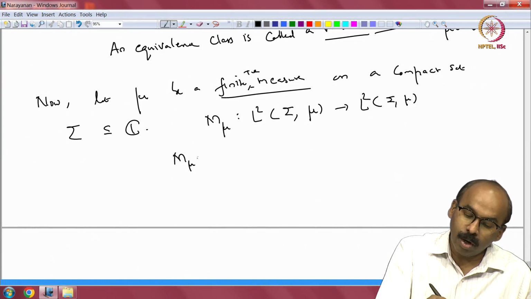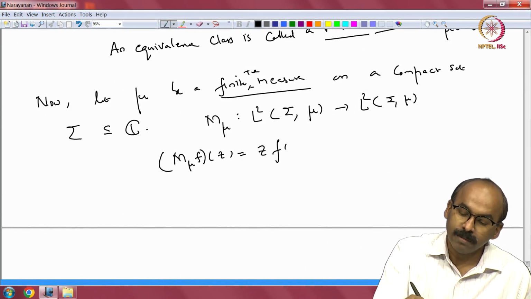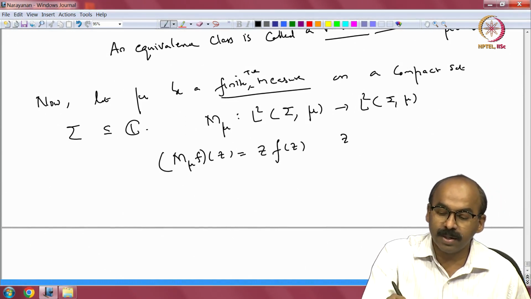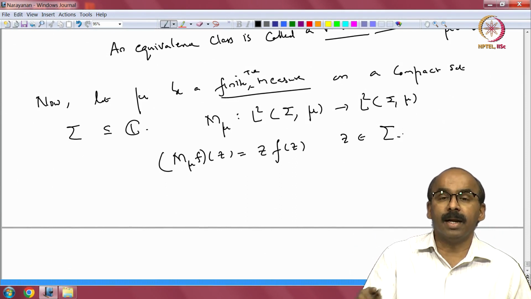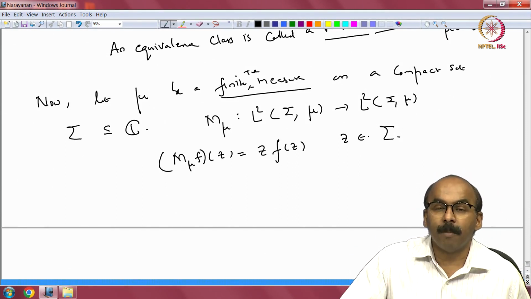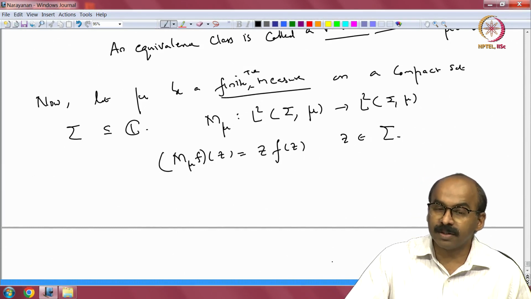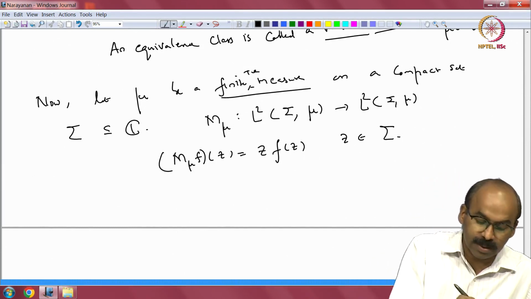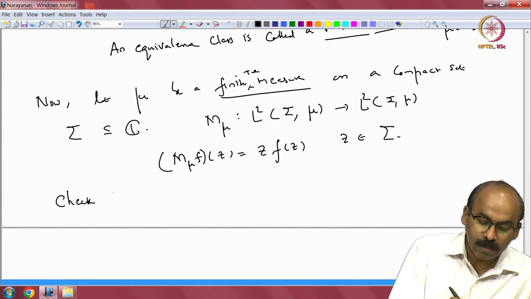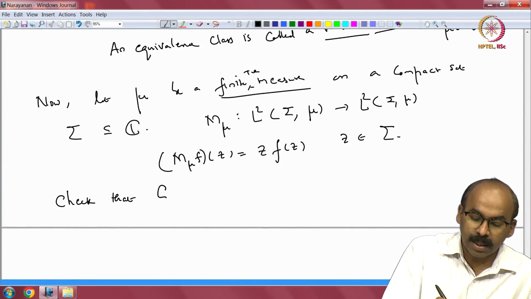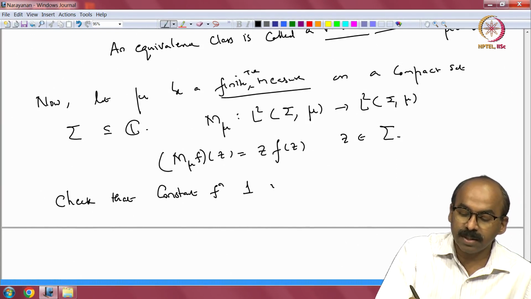M mu f of Z is equal to Z times f of Z, right. f is in L2 and Z is in sigma, right. So, because sigma is compact, this is a bounded operator, it is a normal operator and the constant function 1 is again a cyclic vector. Okay. So, check that the constant function 1 is a cyclic vector.